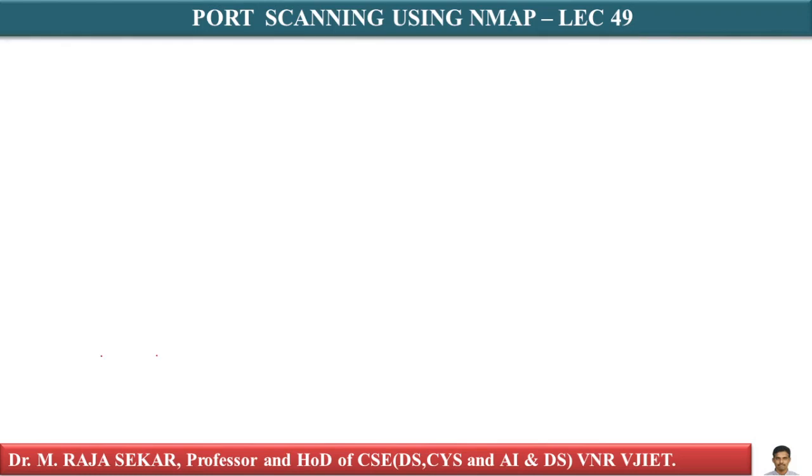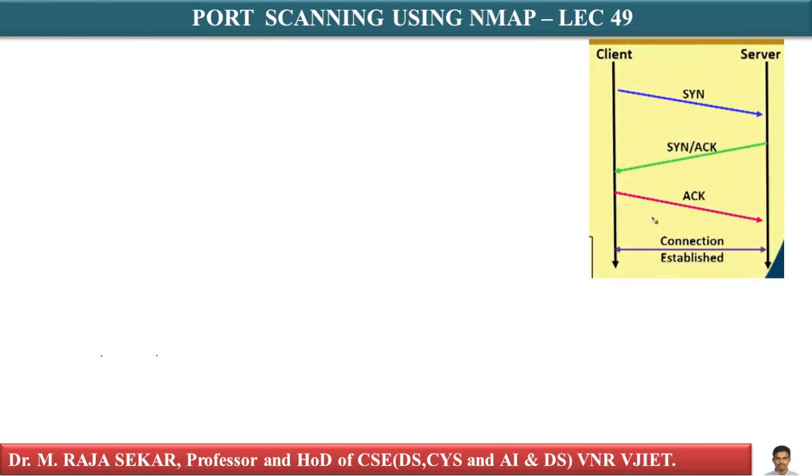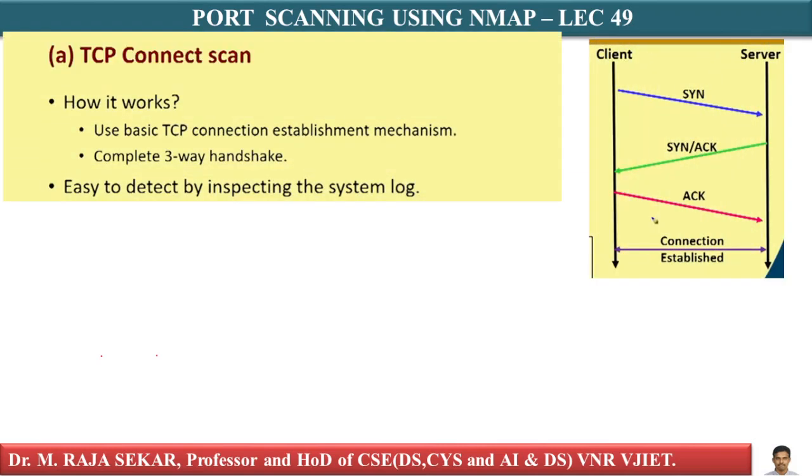Looking at these one by one, let us look at TCP Connect Scan. Conceptually, it is very simple. Look at the diagram on the top right, which shows how TCP connection establishment takes place. There is a three-way handshake.